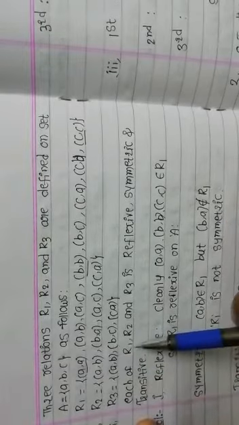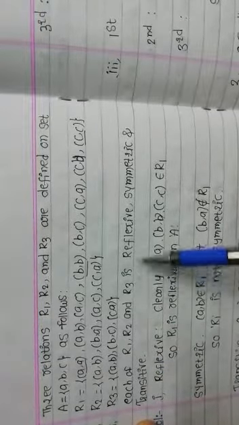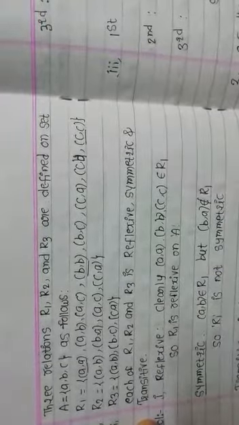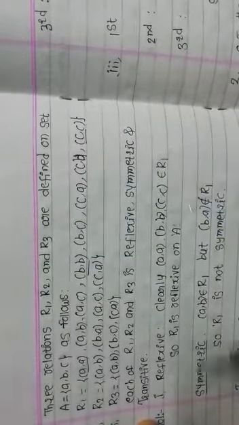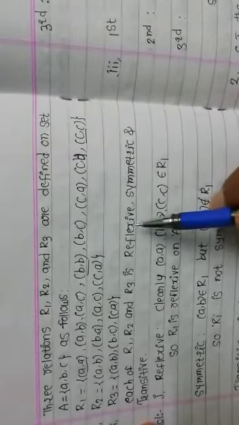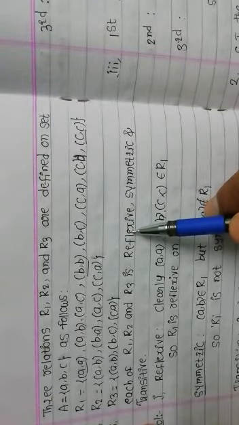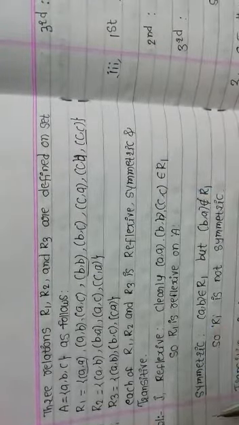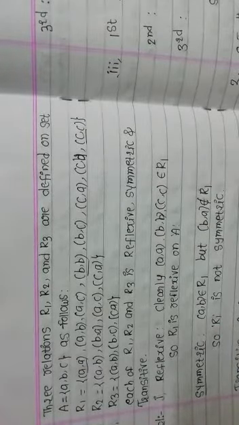Is each of R1, R2 and R3 reflexive, symmetric, transitive? We check it. If all three are possible, that is an equivalence relation.